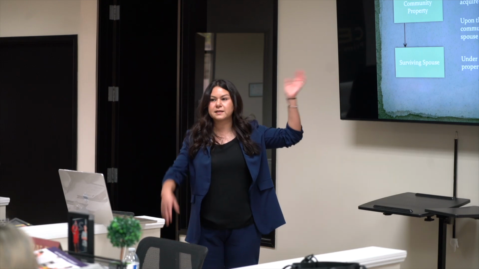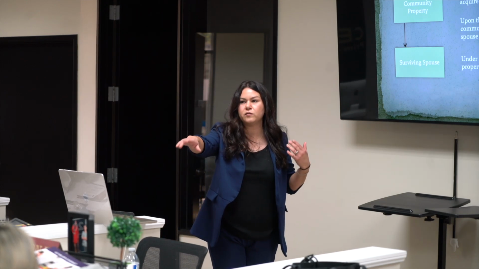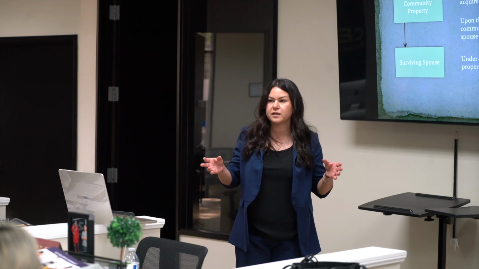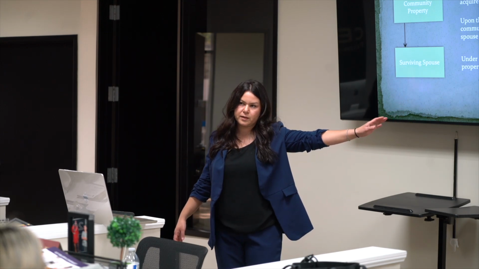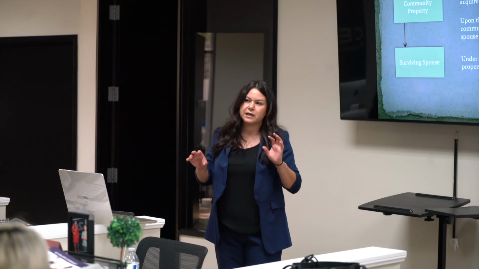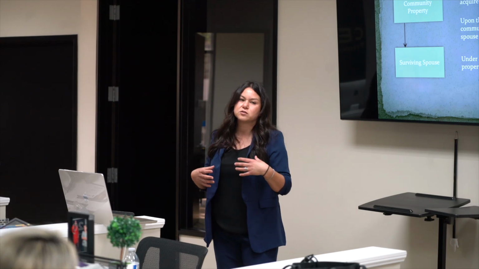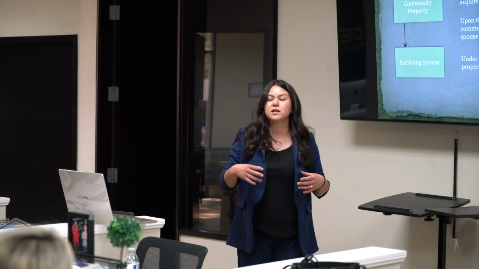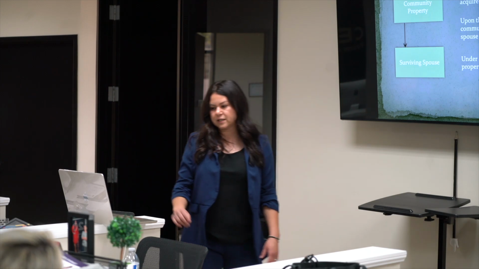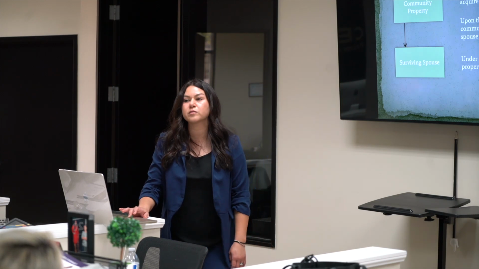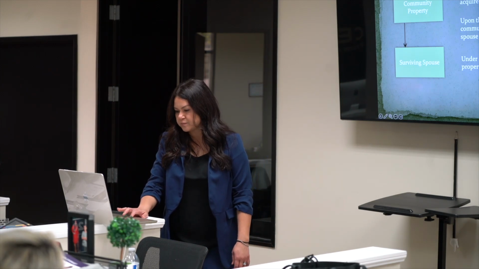In that case, only 50% passes through probate. Because if they're both on title as community property, the spouse already owns 50%. So then they're just asking for the court to pass the decedent's 50% to them. So that would be an example of when only 50% passes through probate.